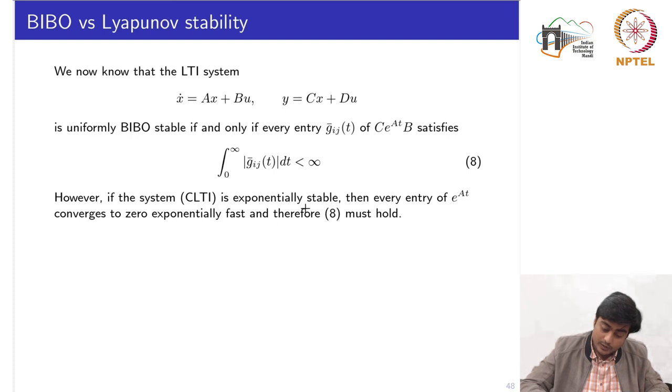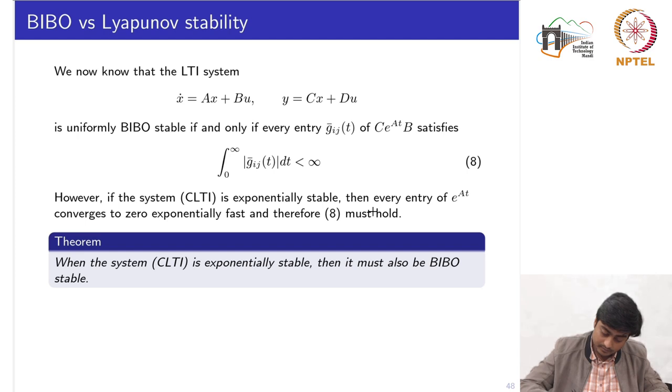However, if the system is exponentially stable, then every entry of e to the power At converges to 0 exponentially fast, and therefore it must hold. So when the system CLTI is exponentially stable, then it must also be BIBO stable.